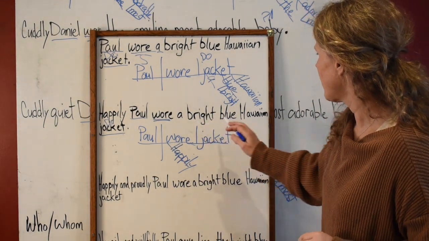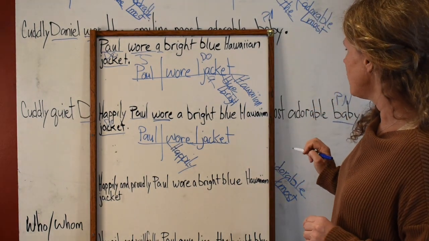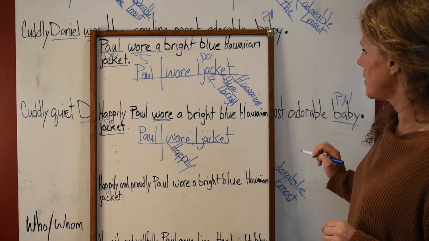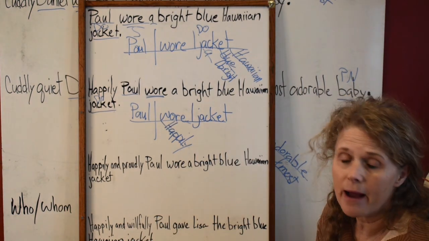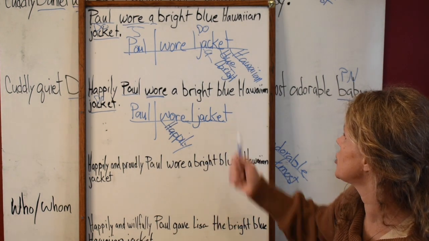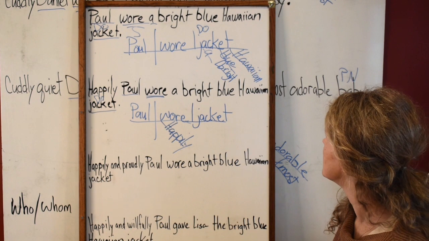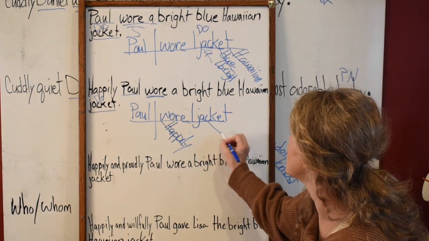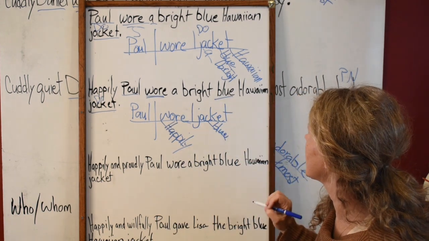So now we have bright blue Hawaiian jacket. Now here we have jacket, and in this sentence there is an adjective describing jacket. Paul, what is it? Blue. Okay, it's a blue jacket. We can cross that out.